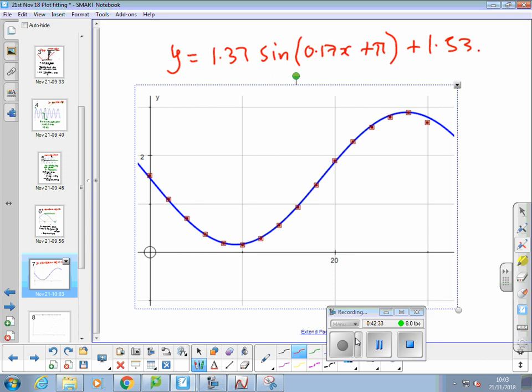And that's in kilowatts, because that's what the units of the data were. So in the assignment, what you've got now is a function.